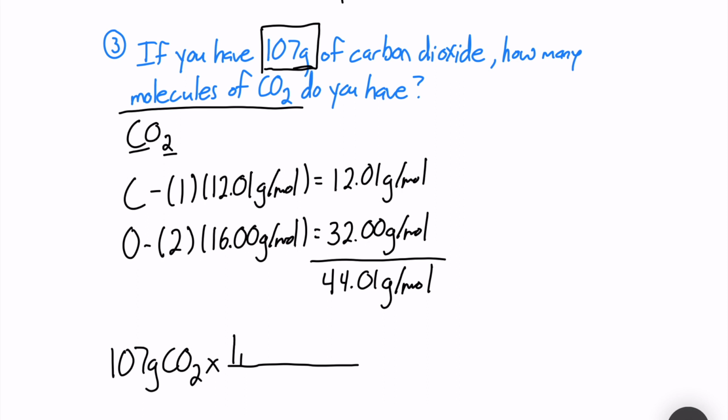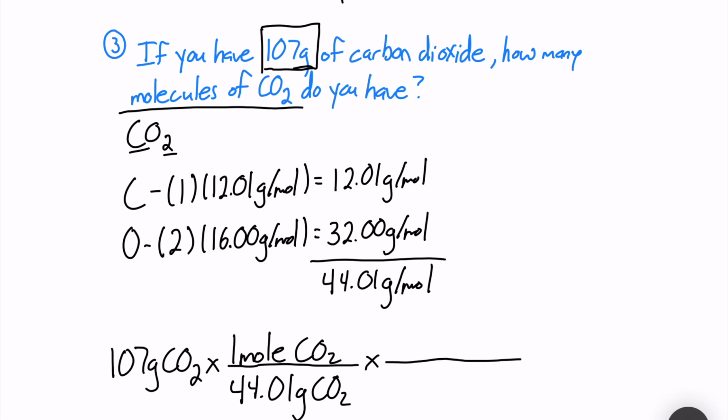So moles are on top because that's what we want right now. So 1 mole of CO2 is equal to 44.01 grams of CO2. So if we were to stop right here, we would end at moles, but we want number of particles. So we're going to take it one more step here.